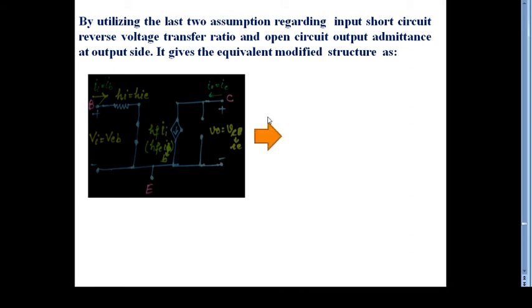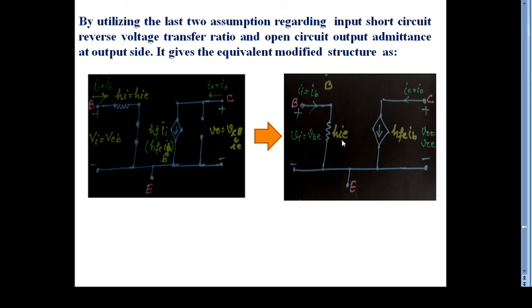So it will look like this: HIE, HFE, IB. Clear? It is the same thing, we are just putting HR equal to 0 because we are saying that the reverse voltage transfer ratio is very less, around 0. So this voltage will be shorted, and this one will be open circuited. So it looks somehow like that.